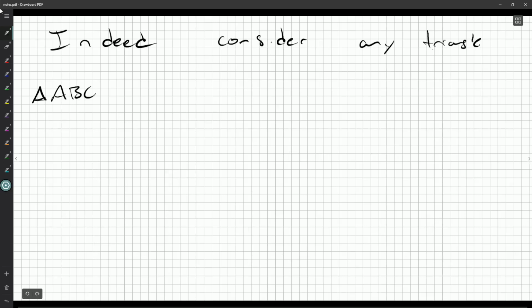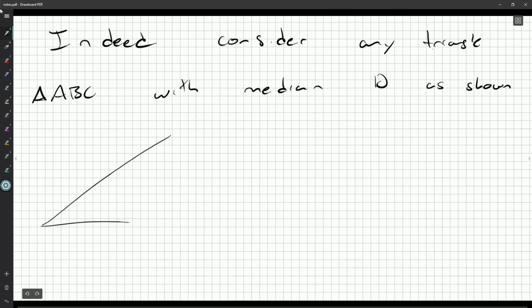Well, indeed, if we consider any triangle ABC with median D as shown, I'm just copying the letter scheme from the first one, but I am not going to copy the fact that it's right-angled.